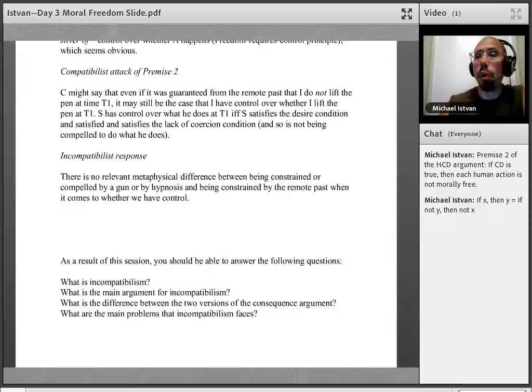One of the main problems for incompatibilism in that context is that to be an incompatibilist is to thereby accept that no one's morally responsible for anything, which a lot of us don't want to believe. Even though, as I'm going to say probably on Moral Freedom Day 5, it's not as bad as you might think. All right, so we'll leave it at that.